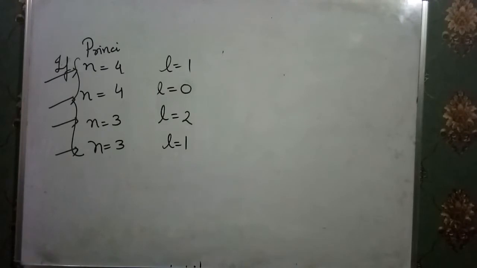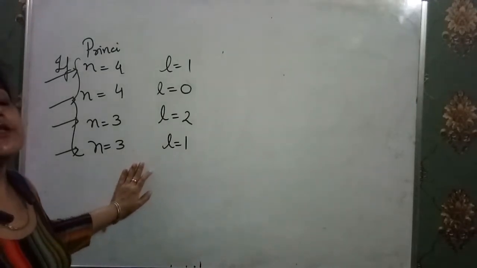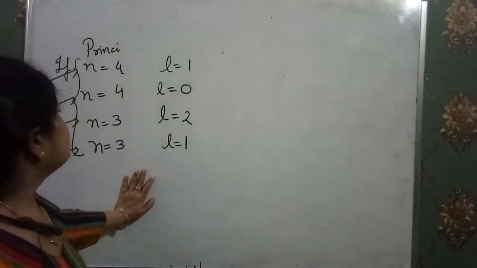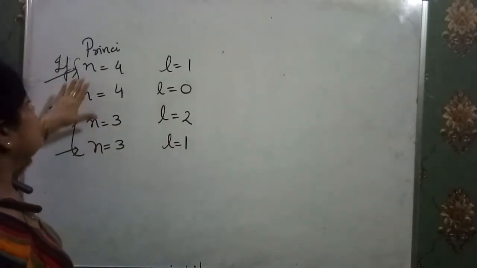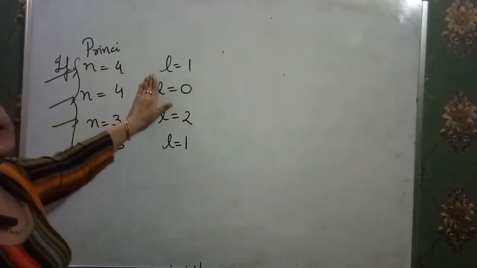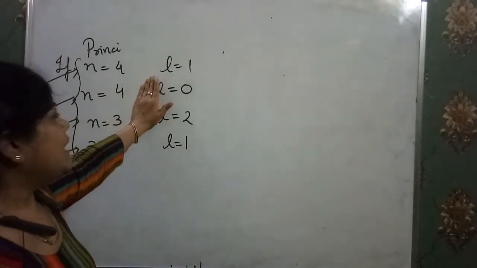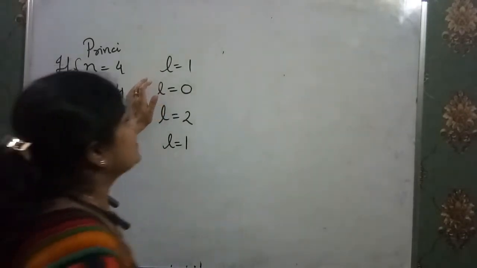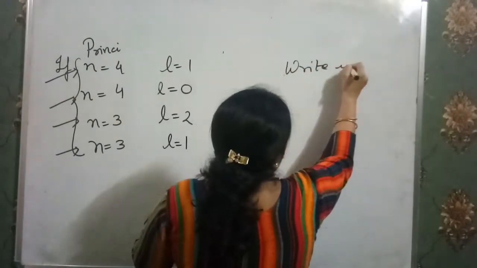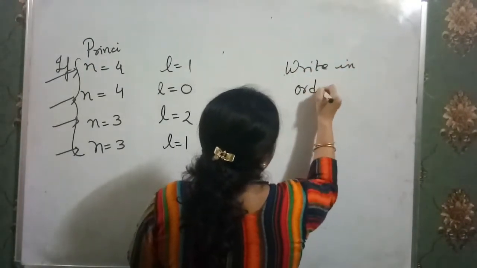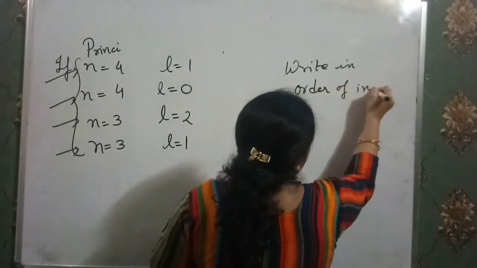Now there is one more type of question sometimes asked in quantum numbers, where four sets of quantum numbers are given in which only the principal quantum number and azimuthal quantum number are given. And the question is just in this way: write in order of increasing energy levels.